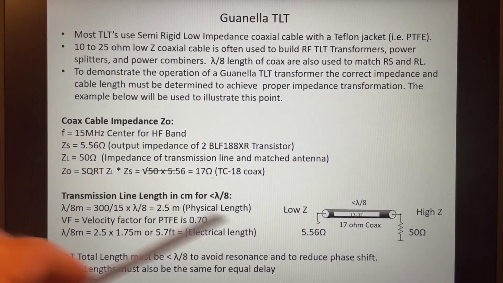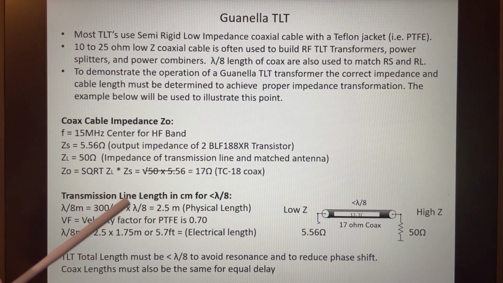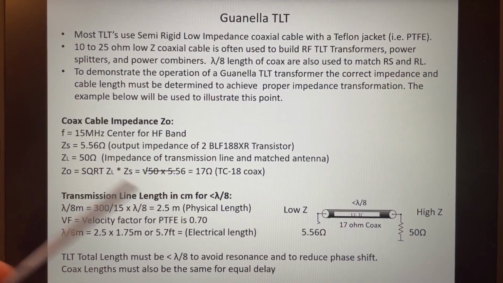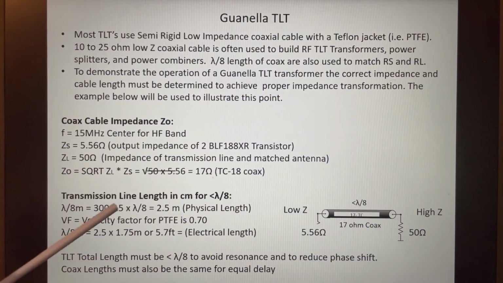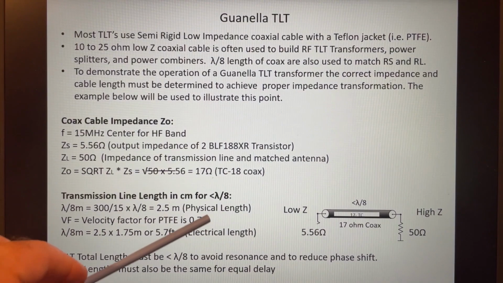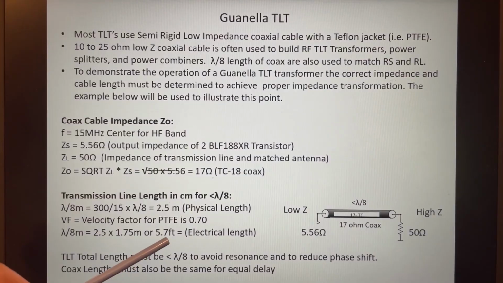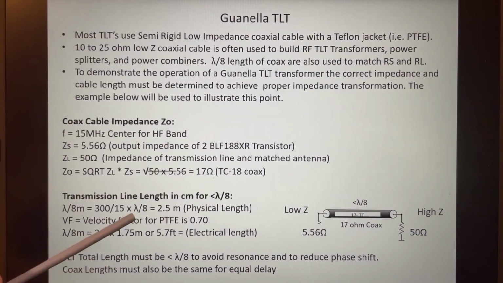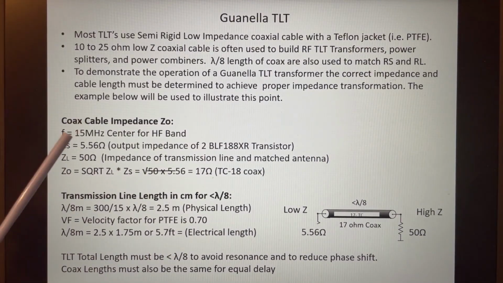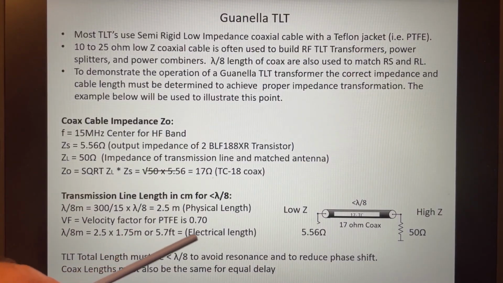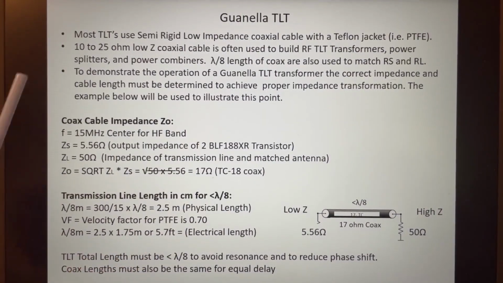So the general practice here for these types of transformers is to try to keep the coax as short as possible. It's relatively easy to get below this 5.7 feet. I think if you look at the total footage used, it's like 4 feet. So you just need to try to keep the coax cable shorter for high frequency.